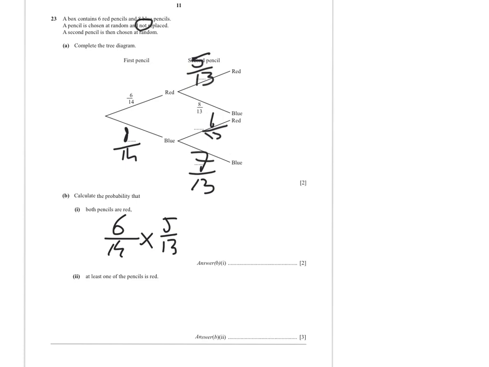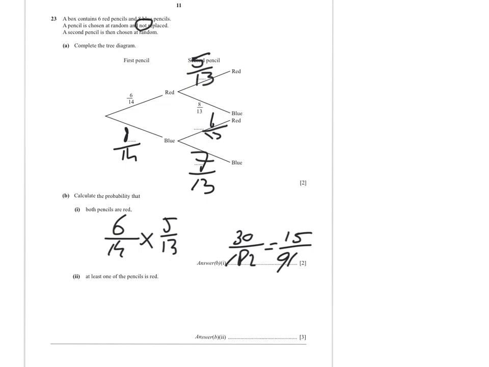And you grab your calculator and say 6 divided by 14 equals times 5 divided by 13, in your calculator 30 over 182, I believe. You do not have to simplify with probability, so you can just leave it as 30 over 182. But if your calculator simplifies it automatically, it will say 15 over 91.